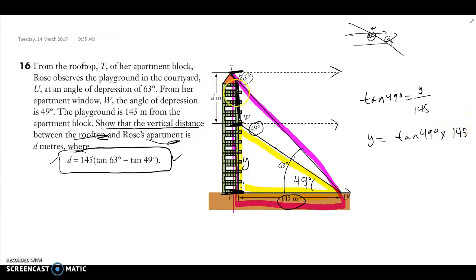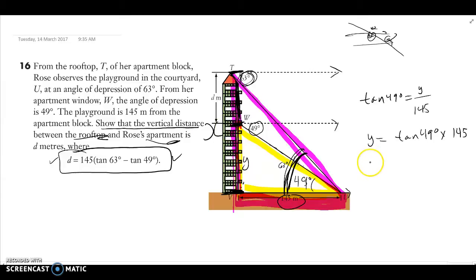Okay, so now I'm looking at the purple one. Now I want to get, using this big triangle there, same ratio. I have now that angle there is 63 degrees because it's alternate interior to that angle. So we'll call that one, say, x.